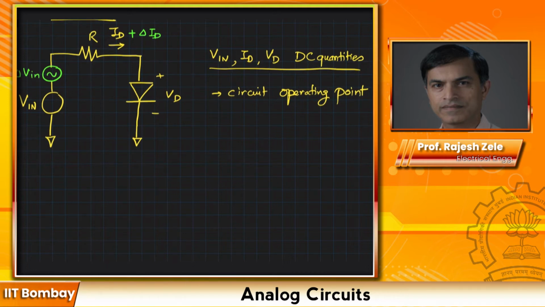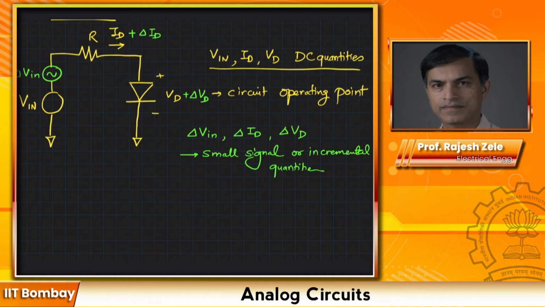Similarly, VD will change and we will get plus delta VD. So delta V in, delta ID and delta VD are your small signal or incremental quantities.